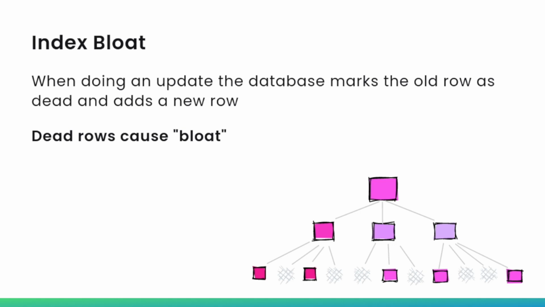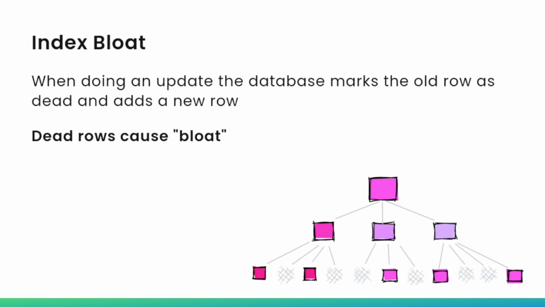If you think that the database is going to the block and just overriding the value, then you'll be incorrect. What's happening when we're doing an update is that basically the old row is marked as deleted or as dead, and Postgres adds a new row, okay? This is how Postgres implements updates for tables, and it also affects indexes.